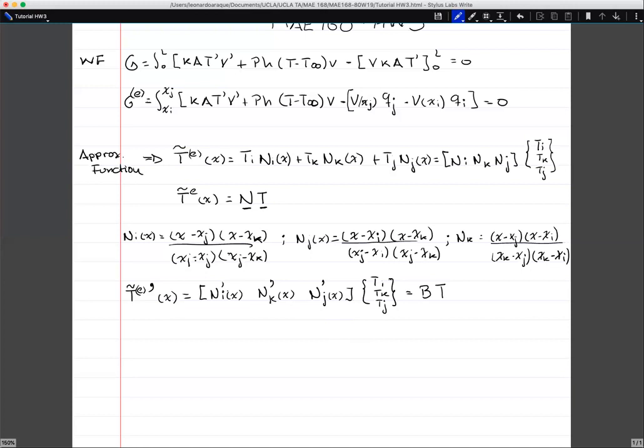So now that we defined the approximate function and its derivative, we can proceed to reformulate the weak form for the element.